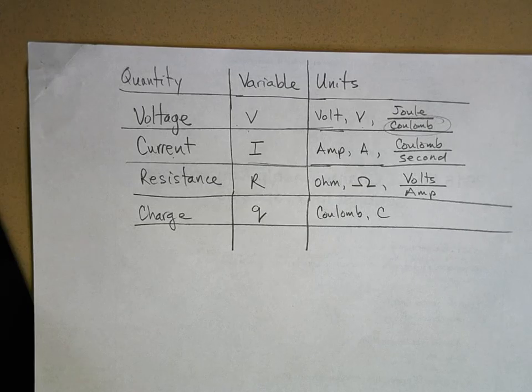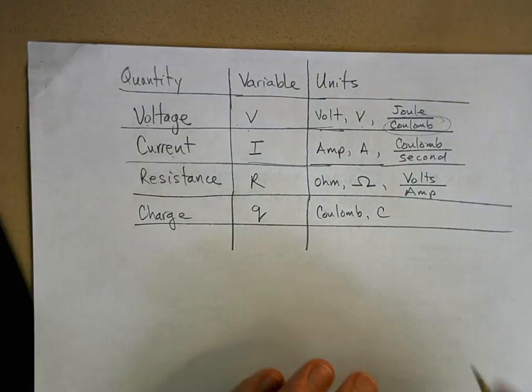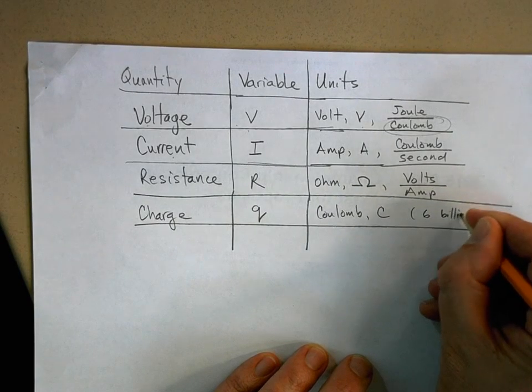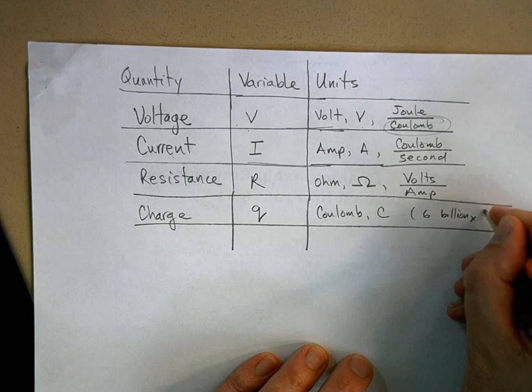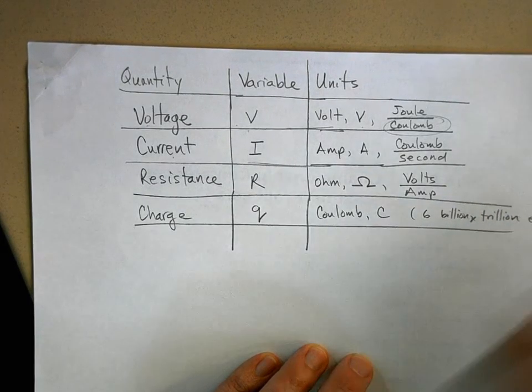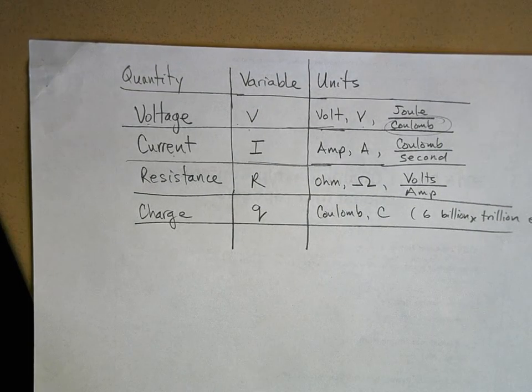Now, a coulomb is a fundamental unit, but you can kind of think of it as being 6 billion trillion electrons. A little over 6, but just 6 billion trillion electrons, just a whole lot of them. More than you can count in your lifetime, well, you need thousands of lifetimes.